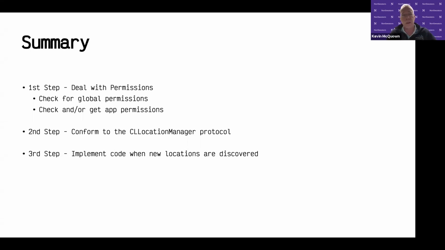It's a lot easier for the user to just say yes to begin with, but it's a lot harder to unwrap it if they've denied you permission. So make sure your statement is really jazzy for encouraging them to give you permission. So that's your permissions. The second step, conform to the protocol, and then implement the code for when new locations are discovered.